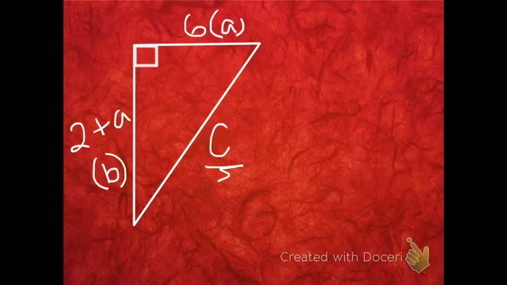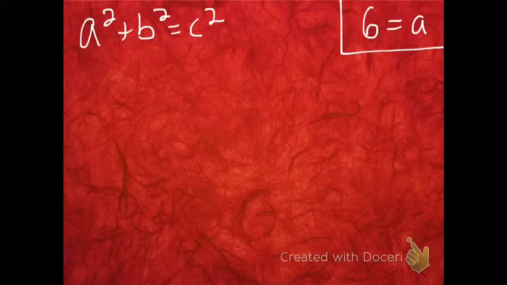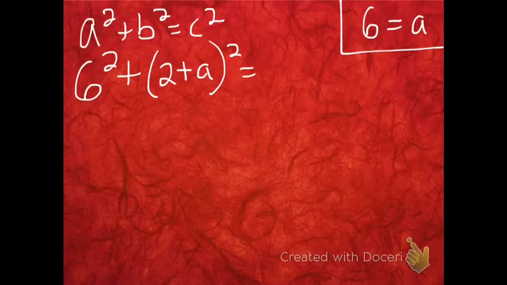So, to solve, you want to fill in what you already know. We already know the equation to fill in is a squared plus b squared equals c squared. We already know that 6 is a, so we fill in 6 where a was, so it becomes 6 squared.